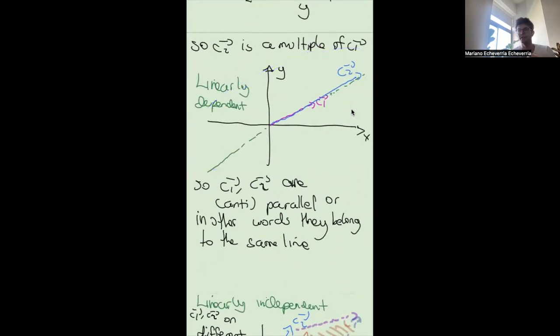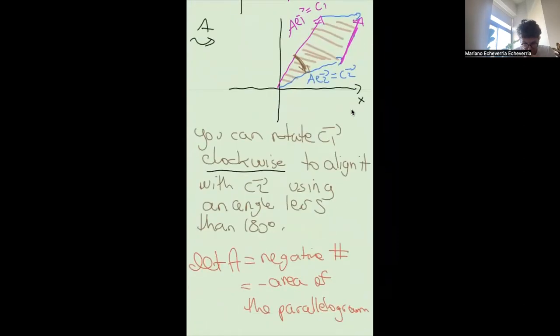When the vectors were linearly dependent. So what this is saying is that the determinant of A equals 0 when the column vectors of the matrix are linearly dependent.